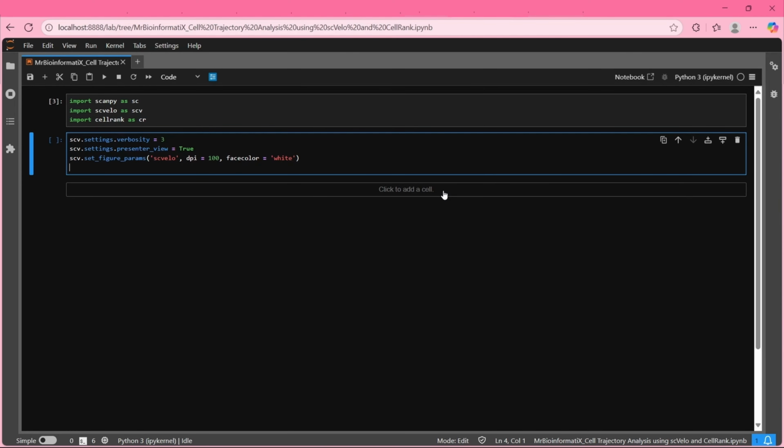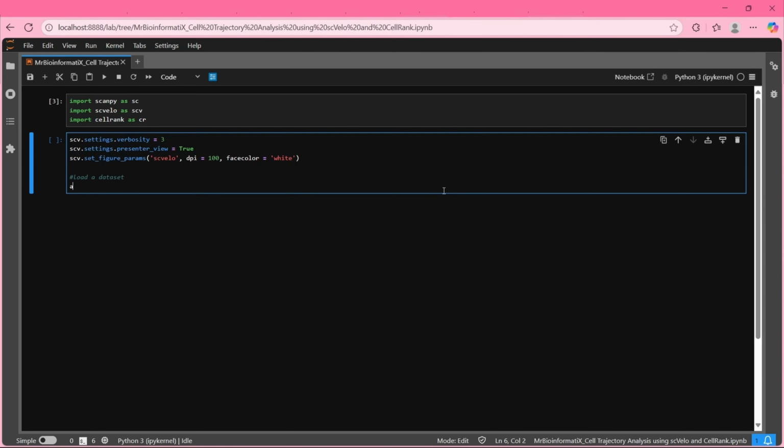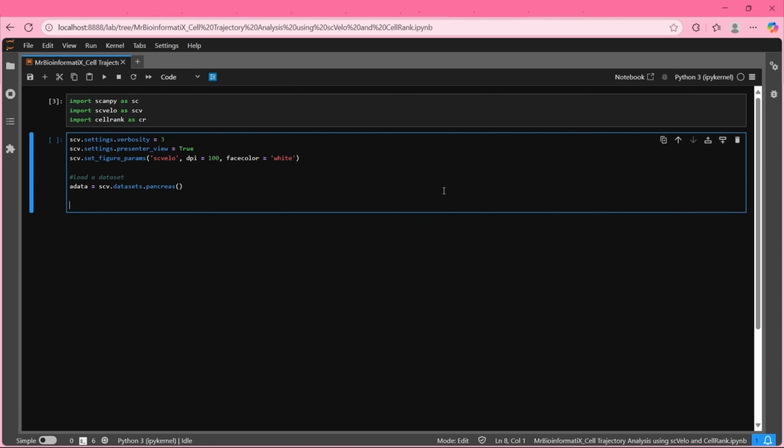Now let's load a built-in example dataset. We can choose a dataset from pancreas. And now let's print a summary.